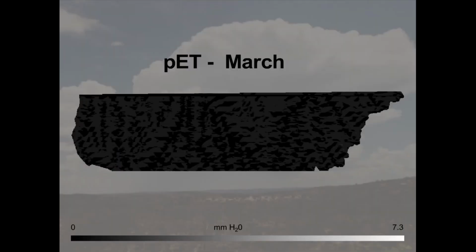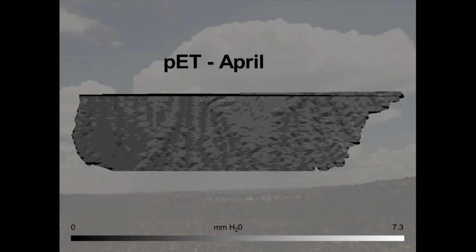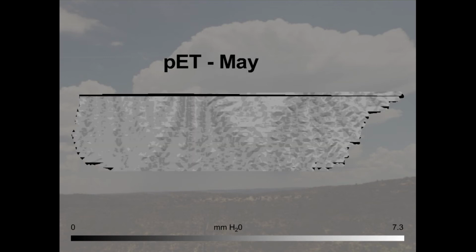So this is what these maps look like. In March, the potential evapotranspiration is expectedly low, and in April, as the growing season begins, the landscape obviously lightens up and becomes more homogeneous as the sun angles are pointing more directly down on the landscape. You don't get as much shadowing by the topography.